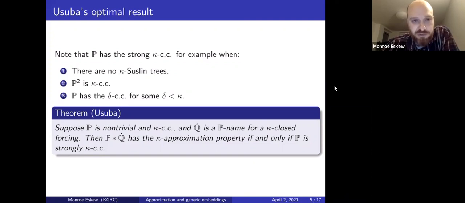A Suslin tree, just to remind everybody, is a Kappa tree that just as a partial order has the Kappa CC. Also, it's not hard to show that if P has a stronger chain condition than Kappa, then it is strongly Kappa CC. So if it has a delta CC for a smaller cardinal delta, this is not hard to show.